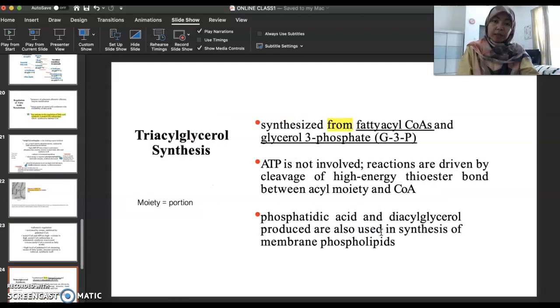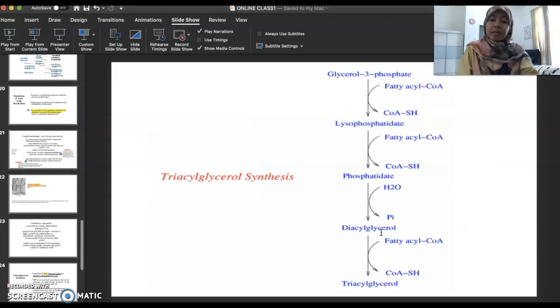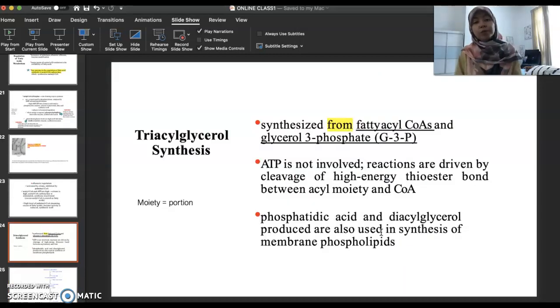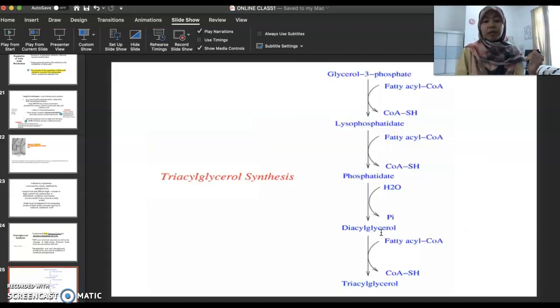Okay. Alright, untuk triacylglycerol synthesis, yang ini adalah secara am saja saya go through. Dia disintesis daripada fatty acyl-CoA dan G3P. Kalau kamu ingat balik lipolysis, so this is kind of reverse of that. Okay, so jika kamu lihat gambar rajah ini, last time kita nak break down the triacylglycerol in lipolysis. But this one is kind of lipogenesis.